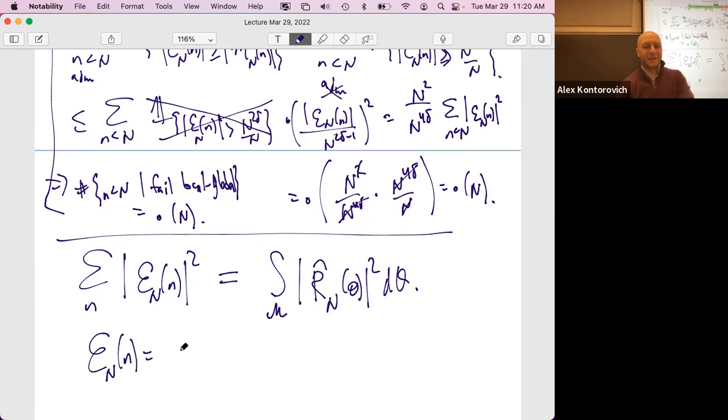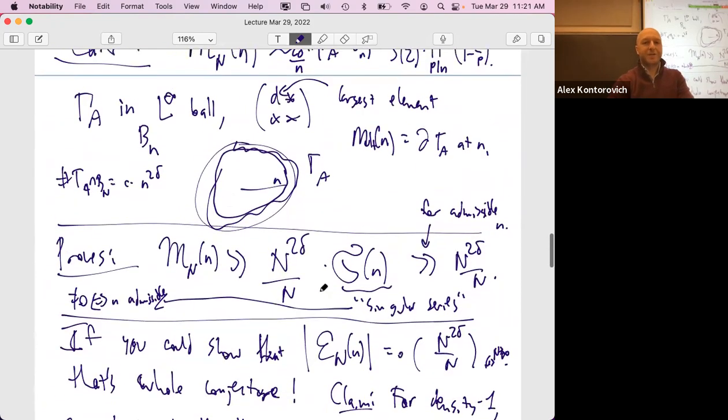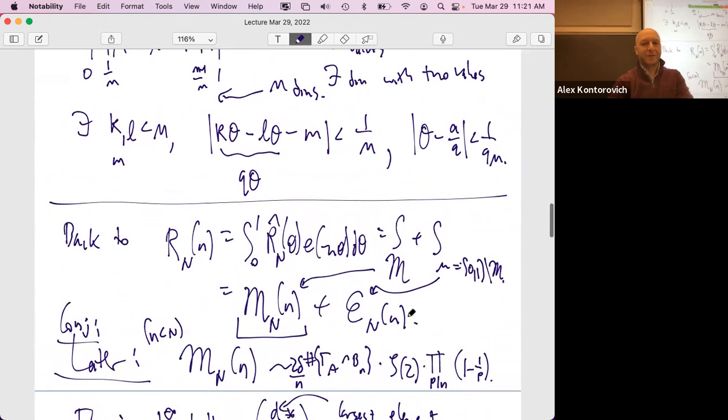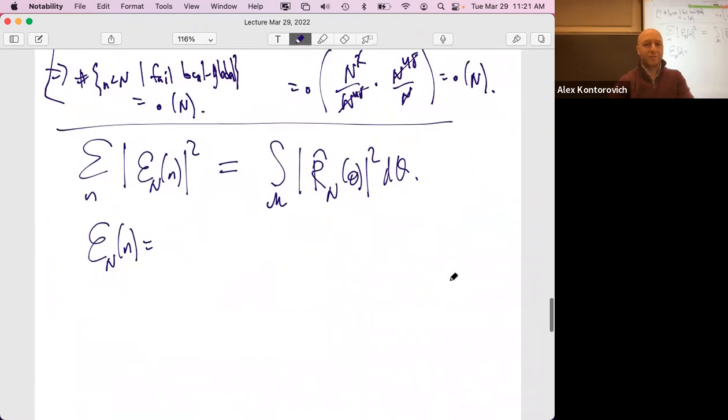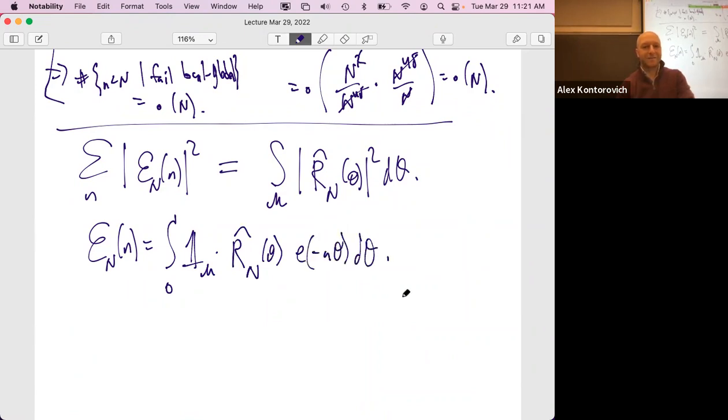The error term is, again, that R_n was split into main term and error term. The error term was the integral of this Fourier coefficient restricted to the minor arcs. So if I go back, let me just write that: it's the integral over the circle of the indicator function of the minor arcs times R_n hat and e of minus n theta. So this function is e.